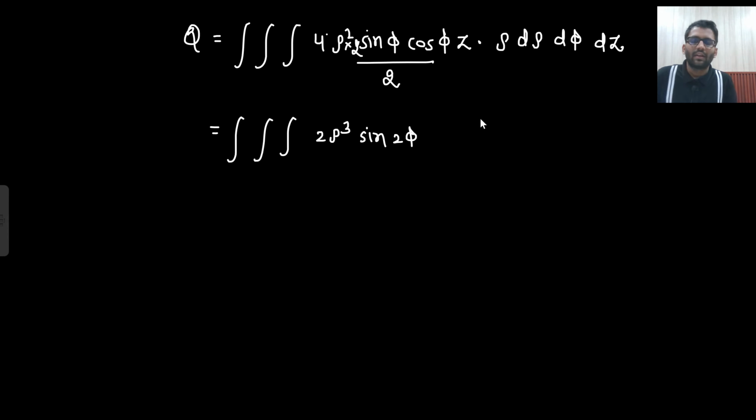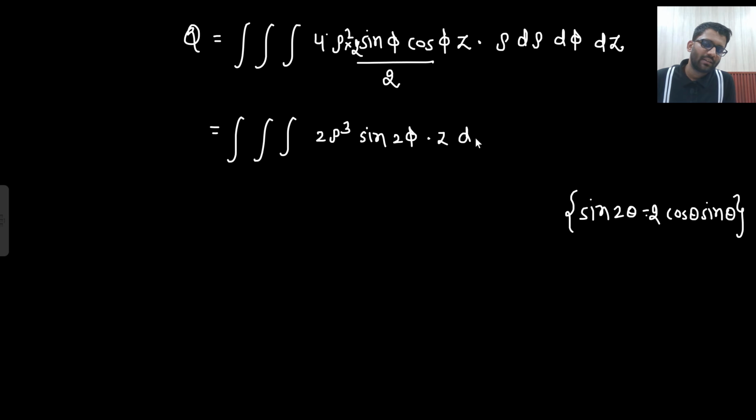Yes, sine 2 phi. Sine 2 phi is 2 sine phi cos phi. I hope you remember this formula: sine 2 theta is equal to 2 cos theta sine theta, or 2 sine theta cos theta. Okay, so this 2 got cancelled. 2 rho cube sine 2 phi, z is there as it is, d rho, d phi and dz.